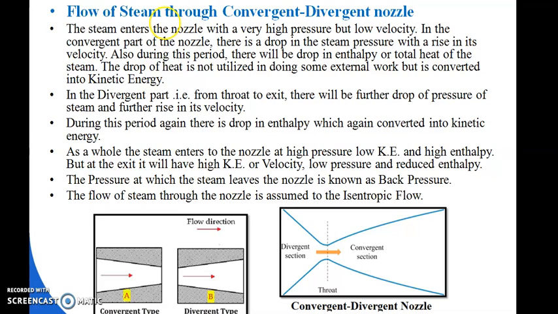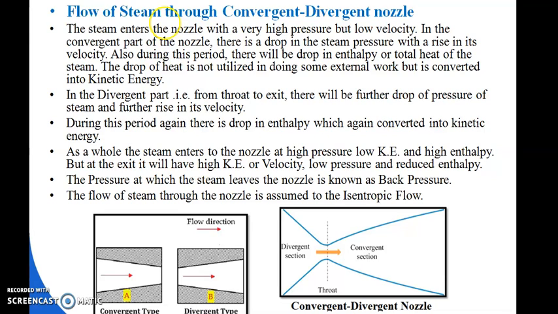The drop of heat is not utilized in doing external work, but is only converted into kinetic energy. So the steam will come out with very high velocity, that is, high kinetic energy.